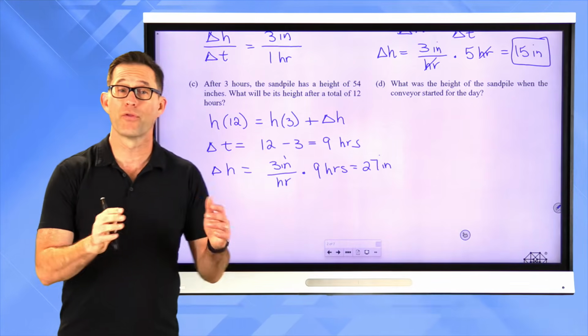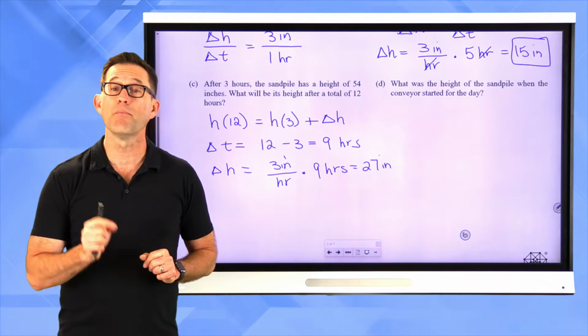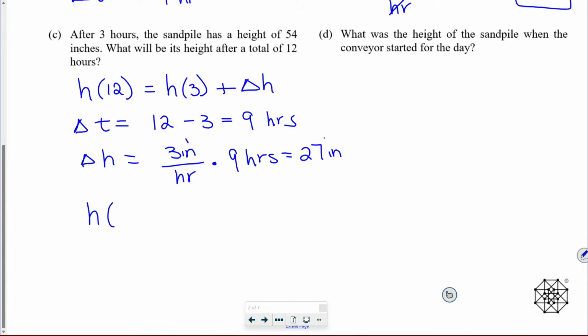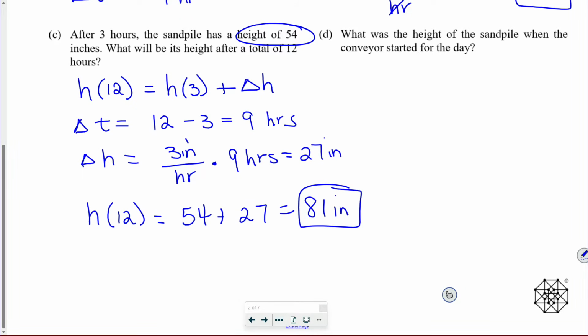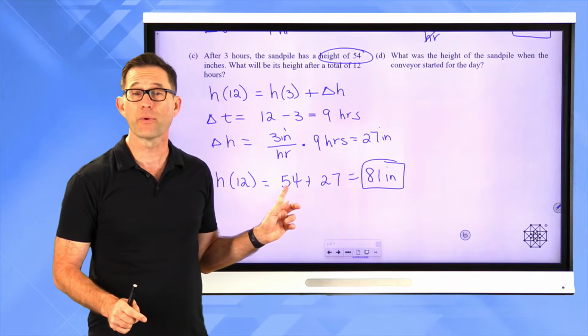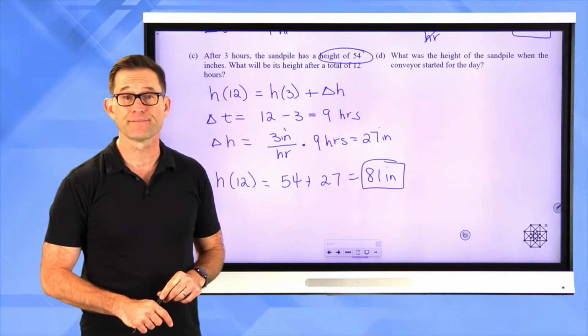In other words, from the 3-hour mark to the 12-hour mark, the height of the sand pile has grown by 27 inches, which now allows me to say that the height at 12 hours is going to be the height after 3 hours, which is 54, plus 27, and that is going to end up being a height of 81 inches, right? So the height after 12 hours is the height at 3 hours plus the change in height between those two periods of time.